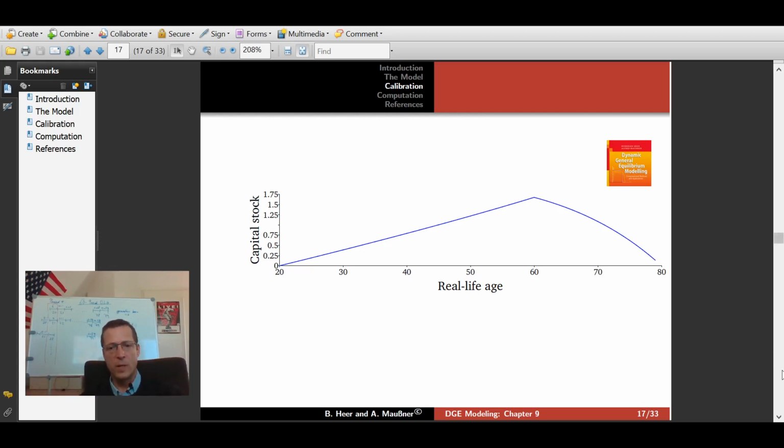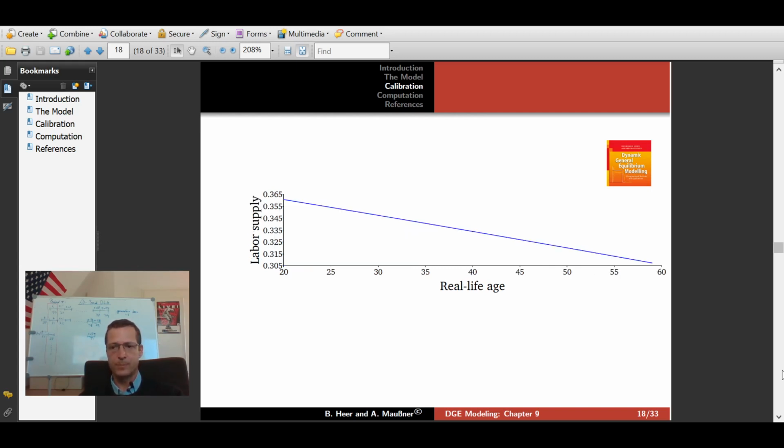And we get a more realistic age profile of both capital stock and labor supply.